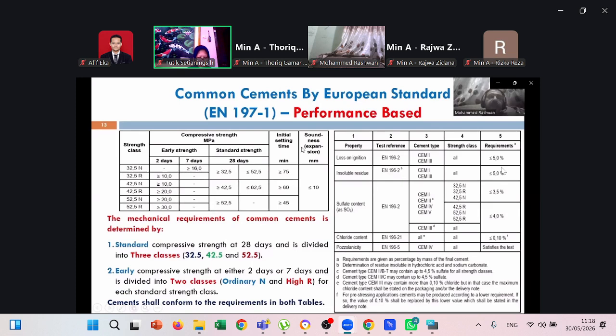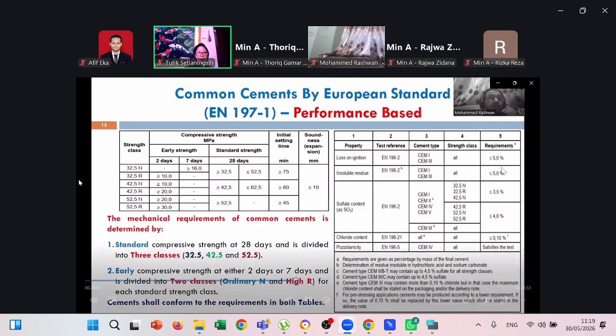Another performance parameter is initial setting time. Initial setting time for class 32.5 must be more than or equal to 75 minutes. Here, initial setting time is in minutes. For 42.5 it must be more than 60 minutes.